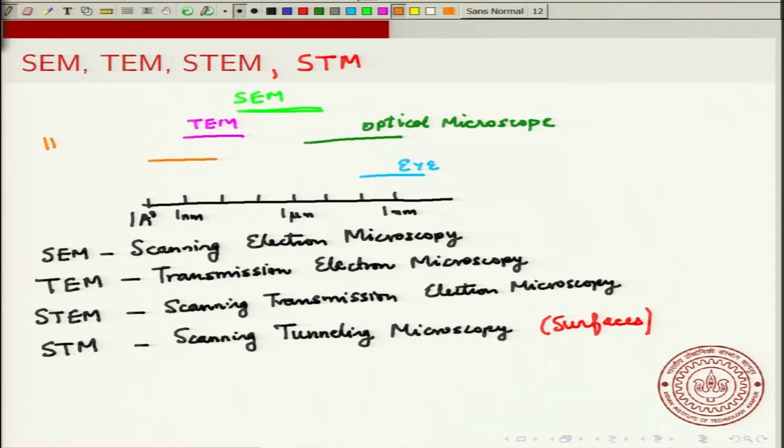So you can actually see atoms in some of these experiments.